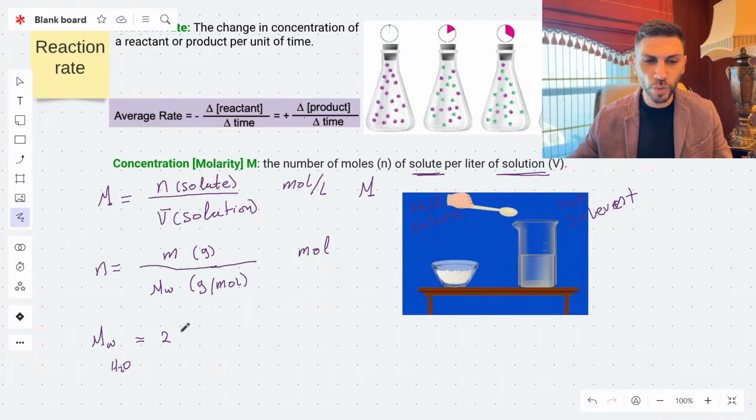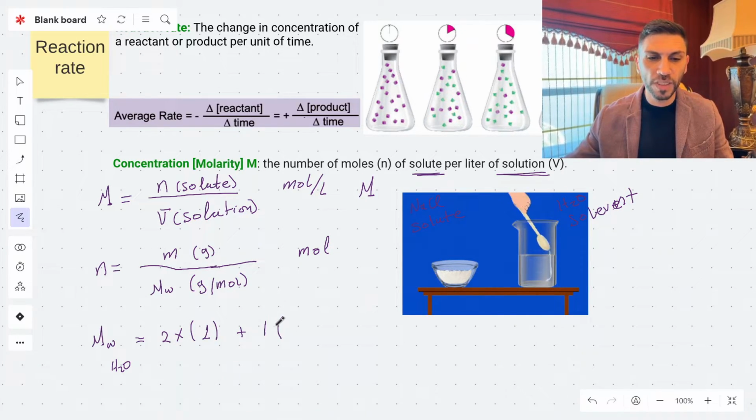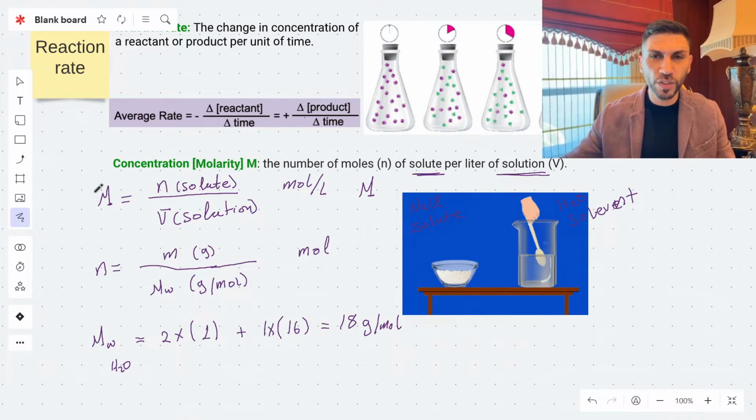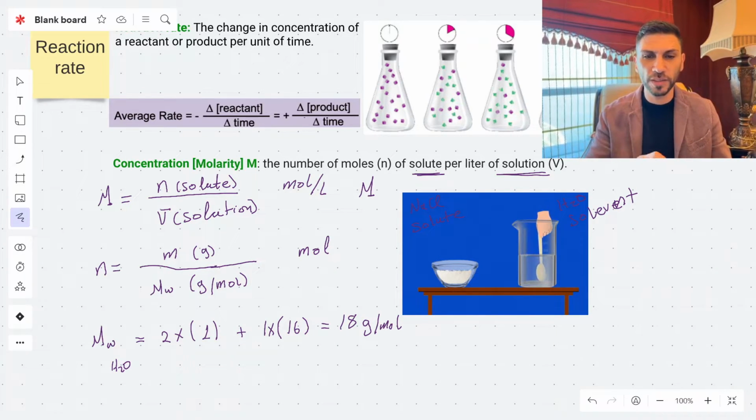So it's going to be 2 multiplied by the mass of the hydrogen from the periodic table, which is 1, plus we have 1 oxygen atom multiplied by the mass of the oxygen atom from the periodic table, which is 16, and that equals to 18 gram per mole. It's very important to revise the concentration molarity because we're going to use it a lot in the rate of chemical reactions.